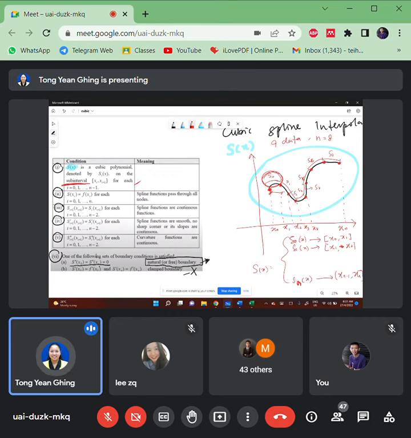The second criteria says that S of xi equals f of xi. If let's say, for example, I have a data point with a value. Let's say this point x0, let's say this is 2. And this is a 5, let's say. So this is f of xi.